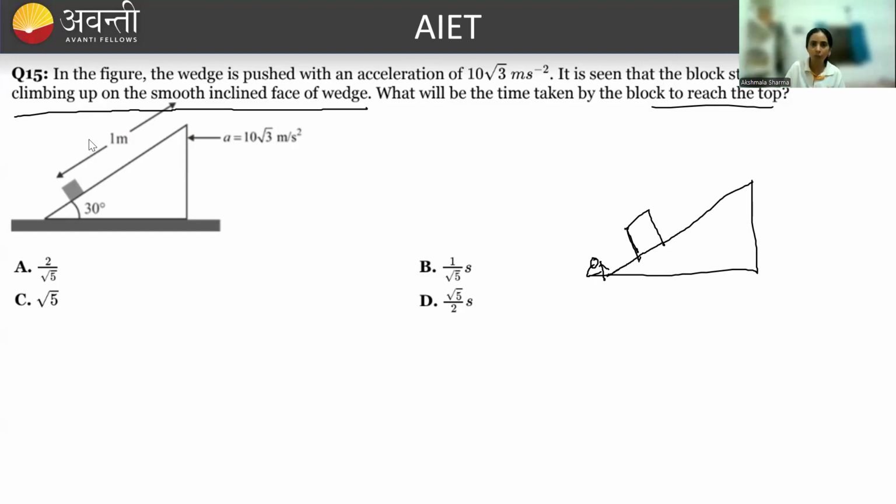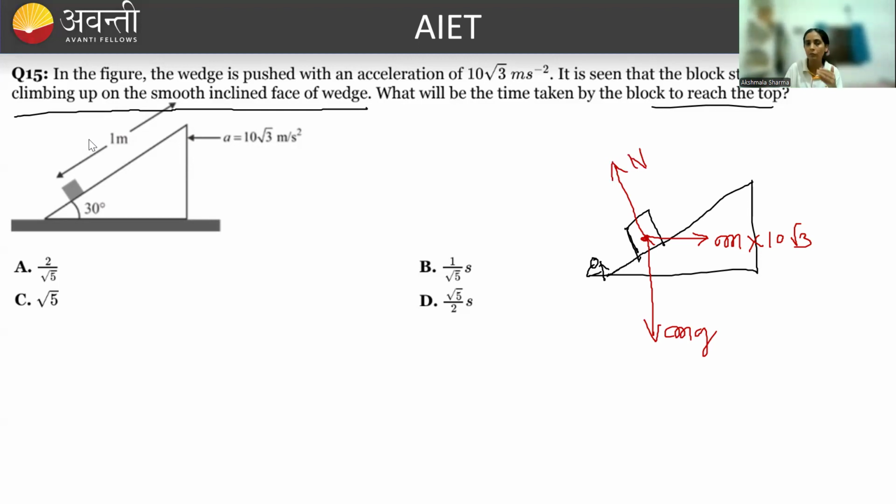We will apply a pseudo force on this block first, and the pseudo force we apply opposite to the direction of acceleration of the frame. So this will become mass of block into acceleration, 10 root 3. And what other force is acting on it? That is mg. And then there is another force, that is normal. Now, normal won't be responsible for letting it move along the plane.